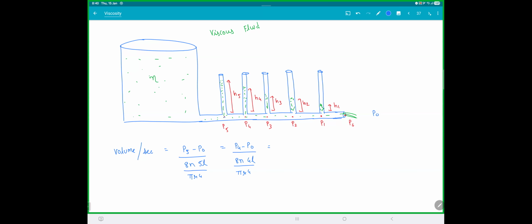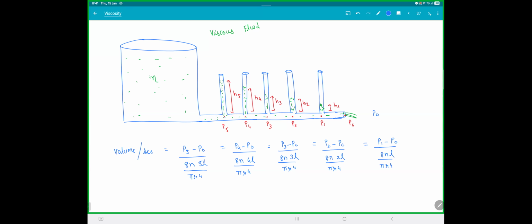That means I can also write P3 minus P0 by 8 eta 3L by pi r power 4. This can also be written as P2 minus P0 by 8 eta 2L by pi r power 4, and P1 minus P0 by 8 eta L by pi r power 4.